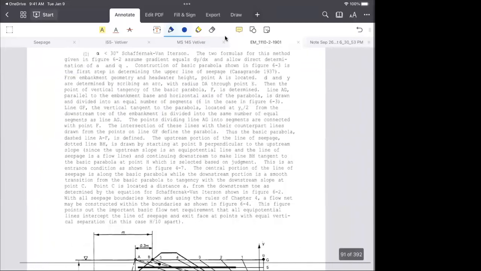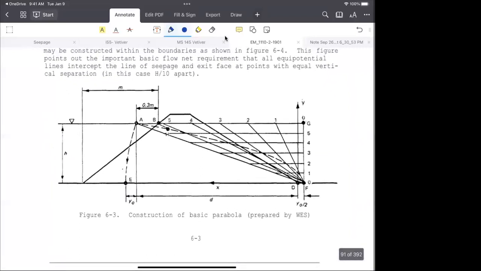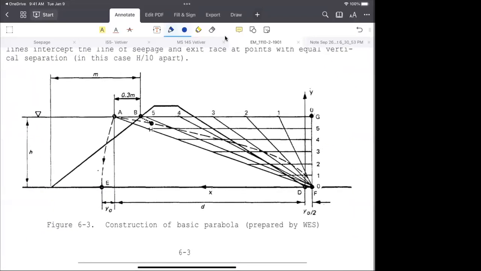Now, how can we do that? Our starting point is, let's say we have our geometry. These are the points within the geometry.